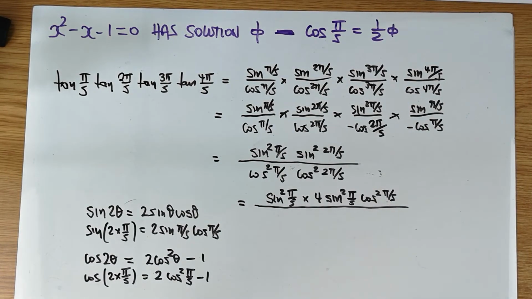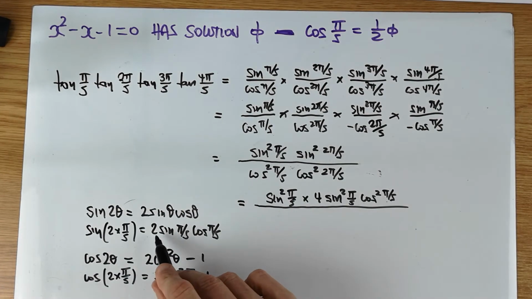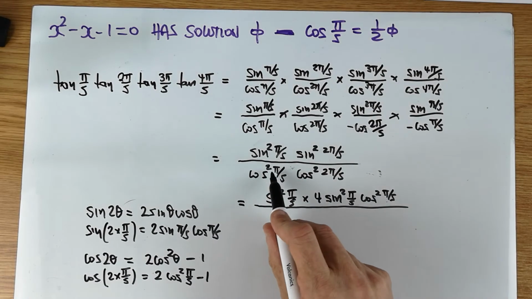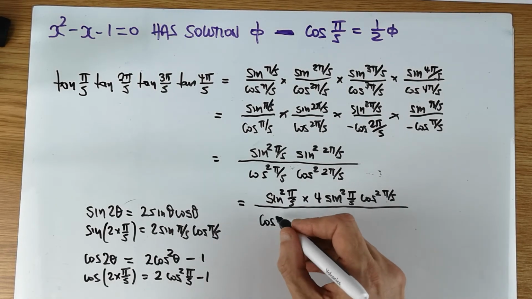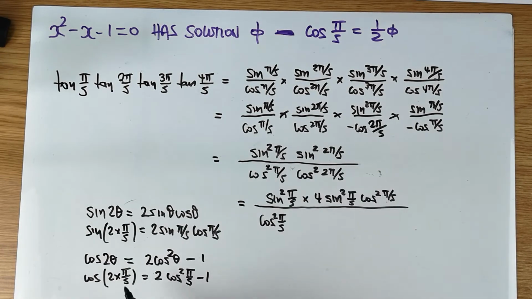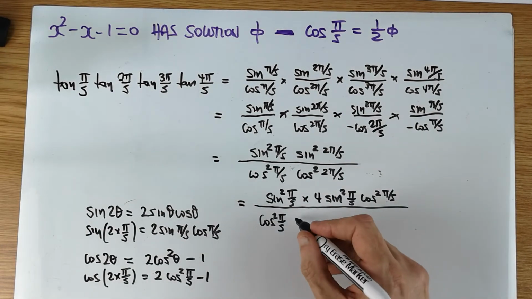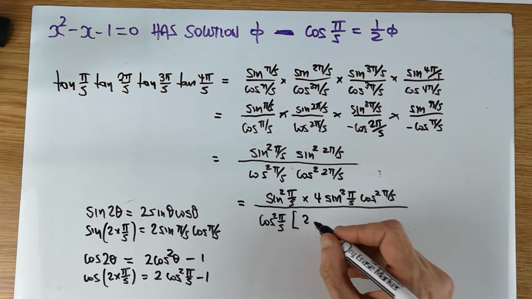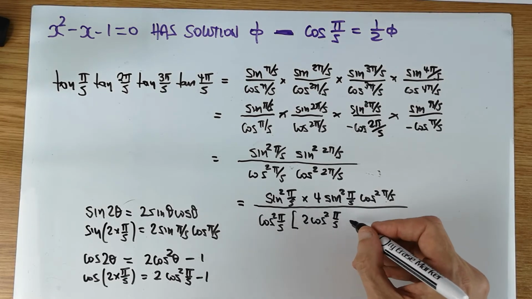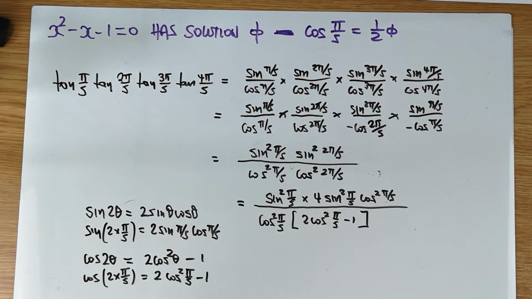I hope you can see where this came from. I squared that and I placed it in there. This is already a cos squared of pi over 5, which is rather nice. But this is 2 lots, so that's this bit here. So I'm going to put a bracket, so it's going to be 2 cos squared of pi over 5 minus 1. Okay, let's rub off these things here.